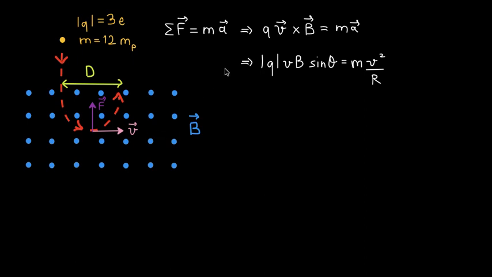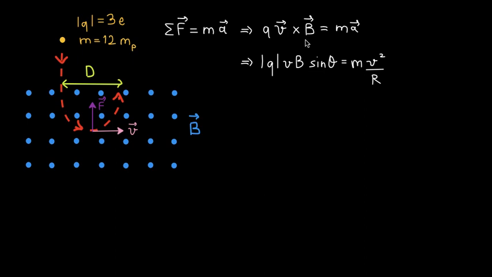Now, because this is magnetic force, and magnetic force is defined as the cross product of V and B times the charge, its direction has to be perpendicular to the plane defined by vectors V and B. What does that mean? That means the force vector has to be perpendicular to both the velocity and the magnetic field vectors at the same time.